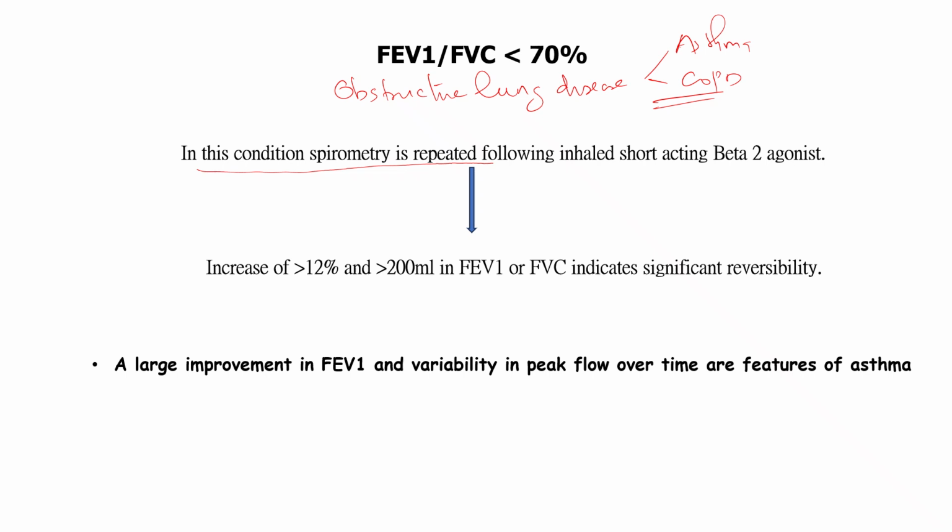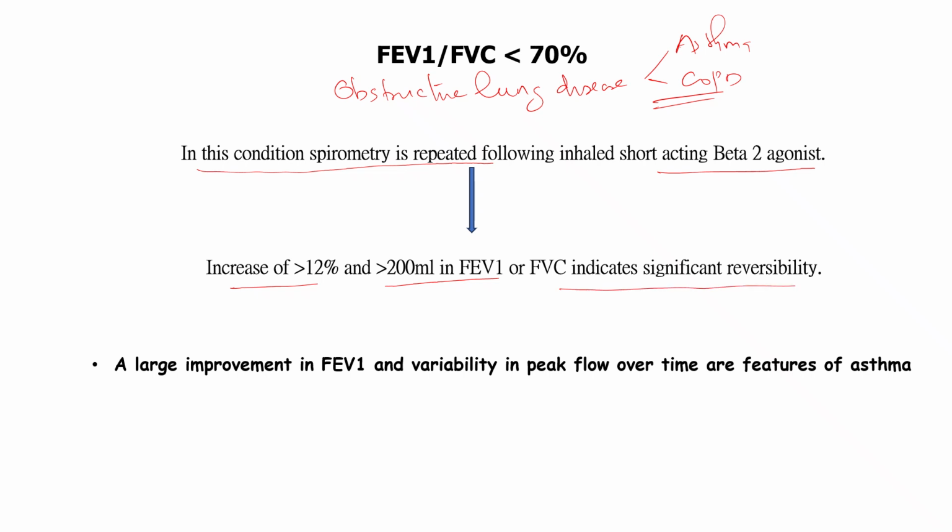You will be giving them a short-acting beta agonist. After giving the beta agonist, if there is an increase of more than 12% or more than 200 ml in FEV1 or FVC, that means that kind of disease is reversible.